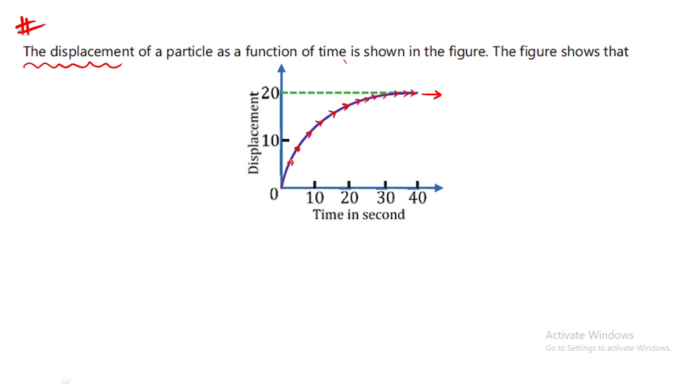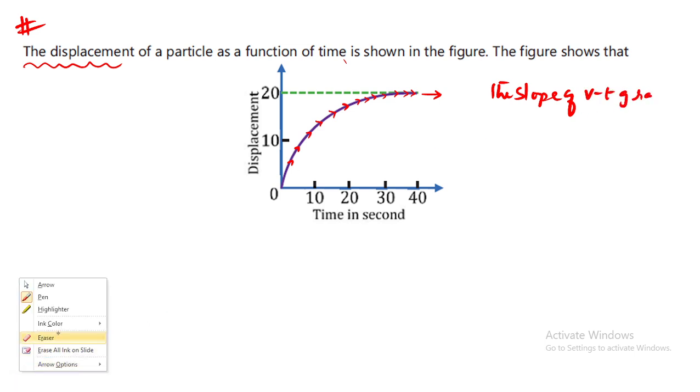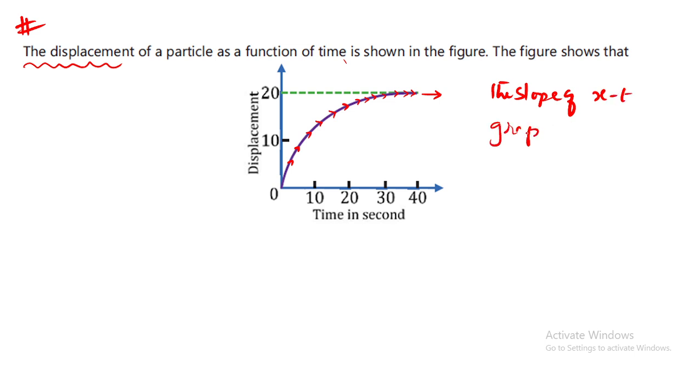It started from 10, rapidly grew. After that, when it reached 20, it completely became parallel to time. Yes or no? Now we know already the slope of VT graph. Is it VT graph? XT graph. Very good. It is an XT graph.